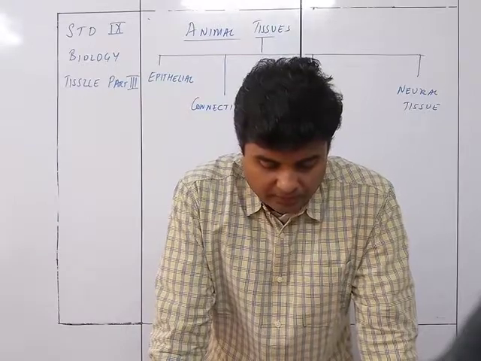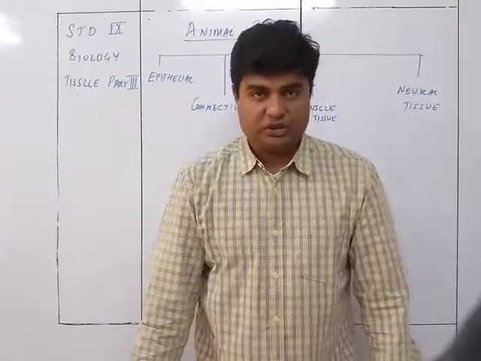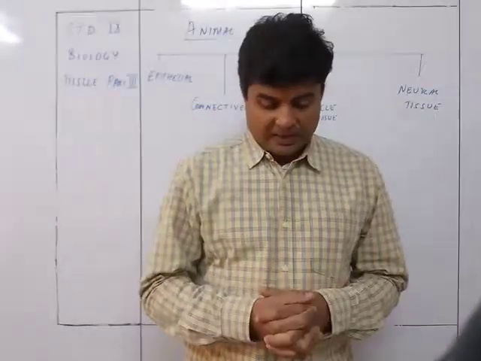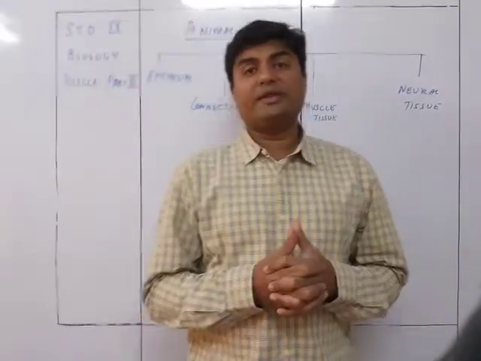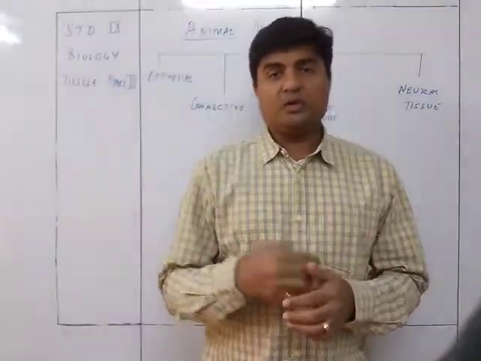So functions, the epithelial tissue functions for protection. First of all, as on the skin, the main thing is protection. Secondly, absorption, because when it comes to the intestine, it is going to absorb the nutrients, the water and things like that.